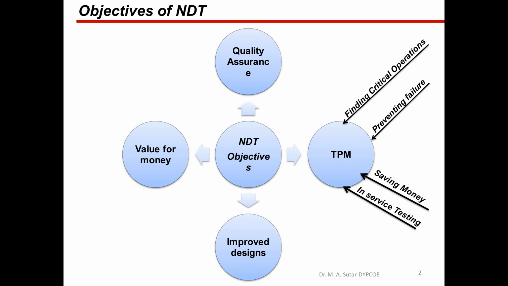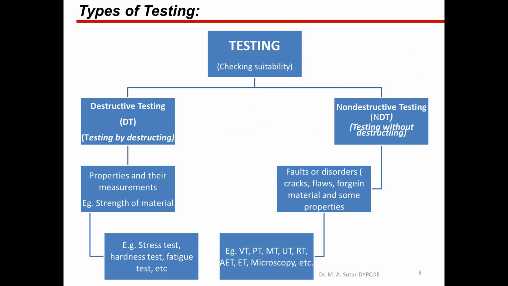TPM is related to finding the critical operations, preventing the failure of the machines and the components, saving man, machine, material, in-service testing. All these are related to TPM, and non-destructive testing is helping in boosting all these particular operations.